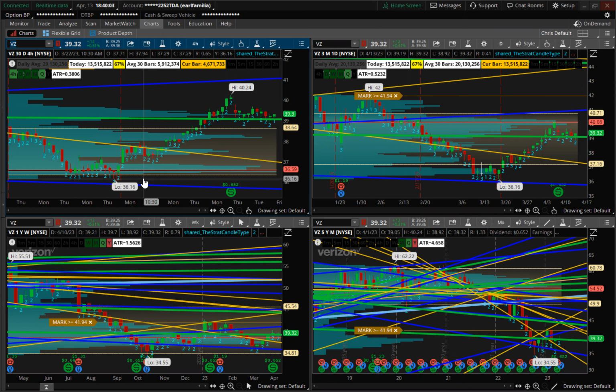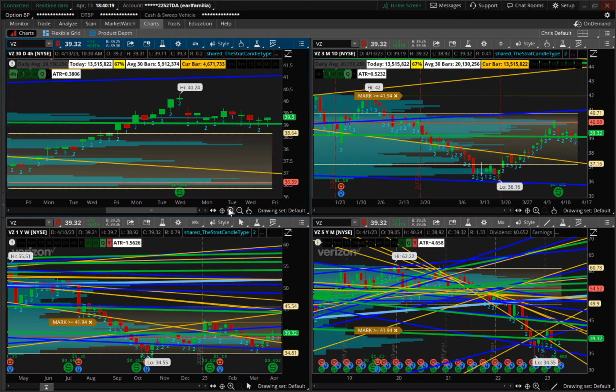VZ, man, this Verizon is looking like a TTO. We had a move up about a week ago, a strong week, and then this week is taking a breather, just hanging out here at the quarterly broadening formation. So tomorrow I expect us to continue up, 2-1-2 on the 4 hour.